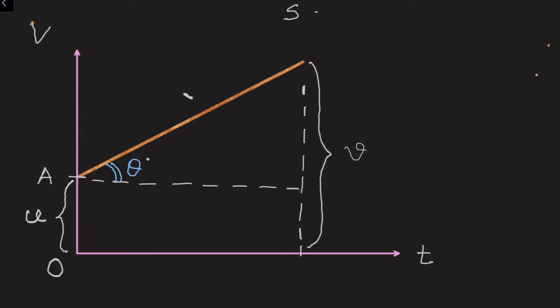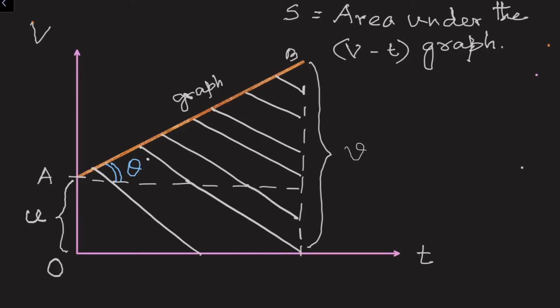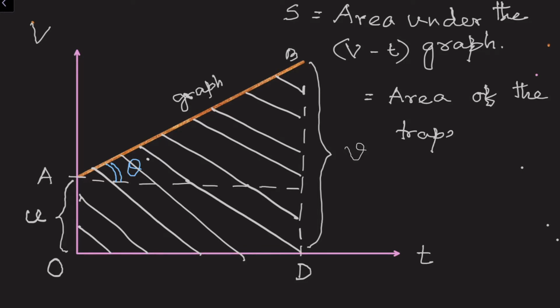So s equals, as we know, the area under the Vt graph. This is the graph, and the area under this line AB is this one. So we have to find this area. Area of what? Area of the trapezium, named ABDO, this one.